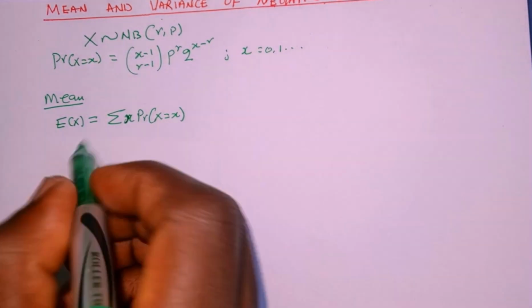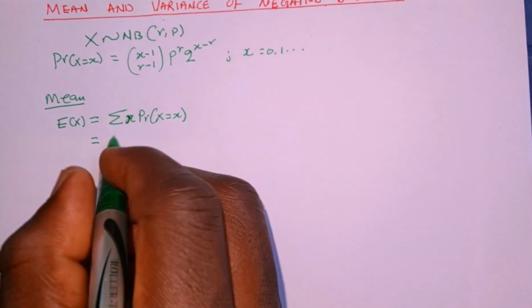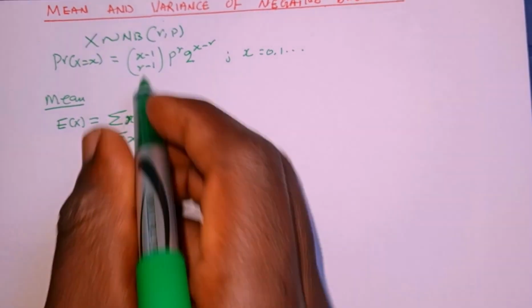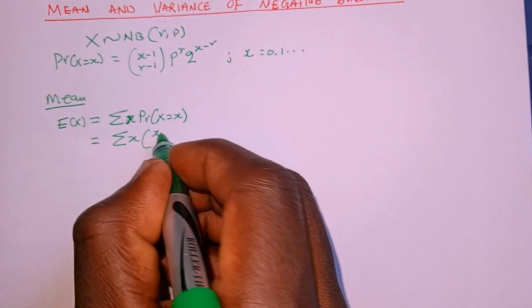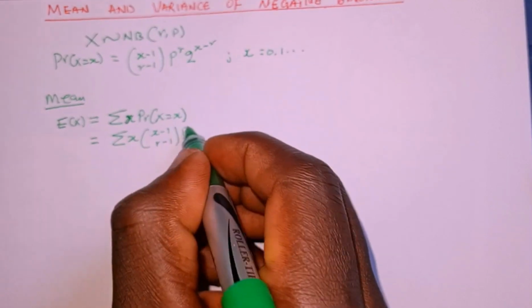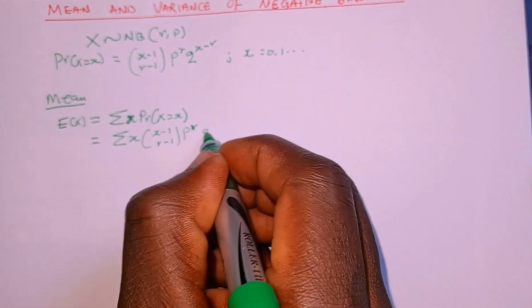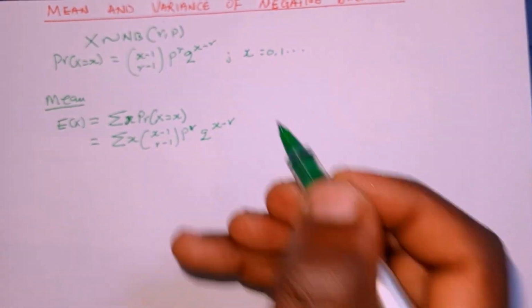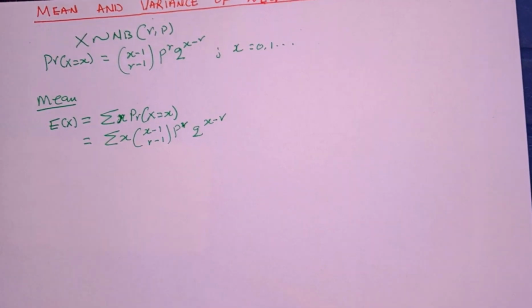Now we're going to substitute. So the expected value of X will be equal to the summation of x times x minus 1 combination r minus 1, p raised to the power of r, q raised to the power of x minus r. So we have successfully substituted.